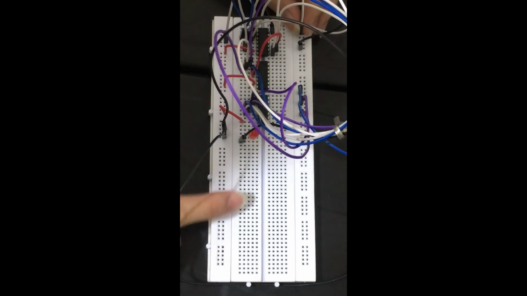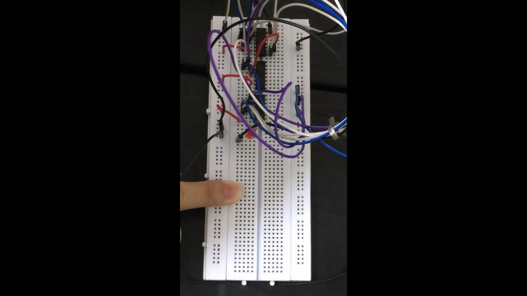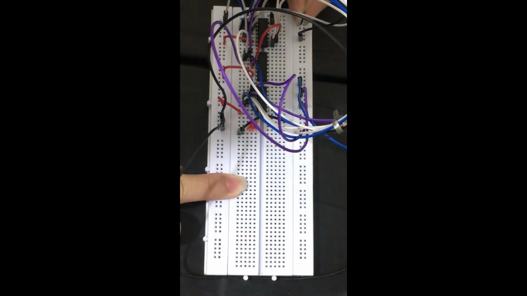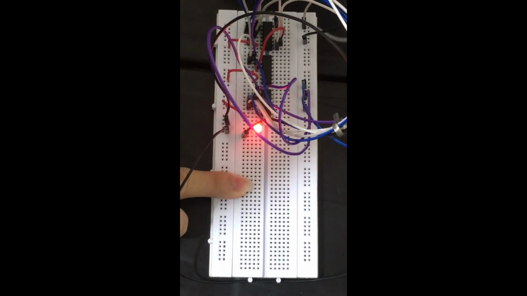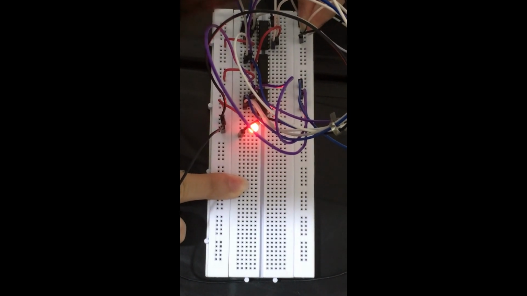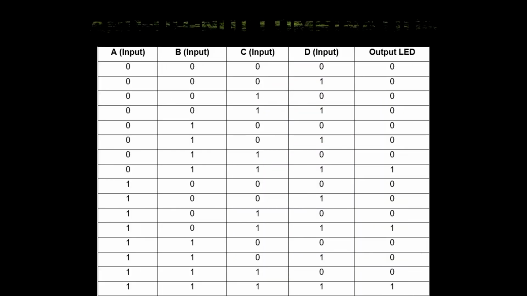For inputs 1, 1, 1, 0, the output is 0. For inputs 1, 1, 1 and 1, the output is 1 or LED is on. And here are the results.